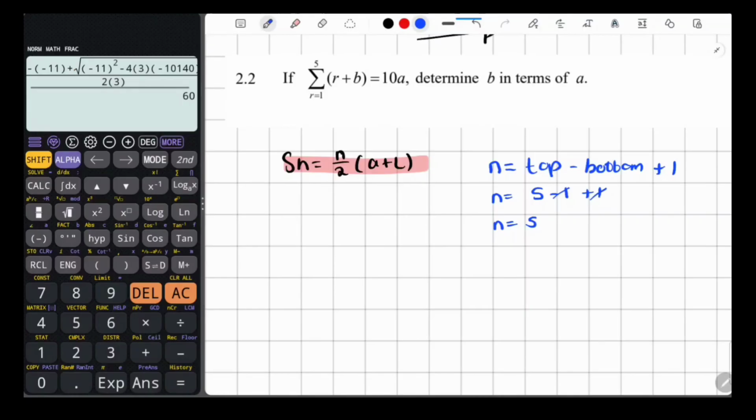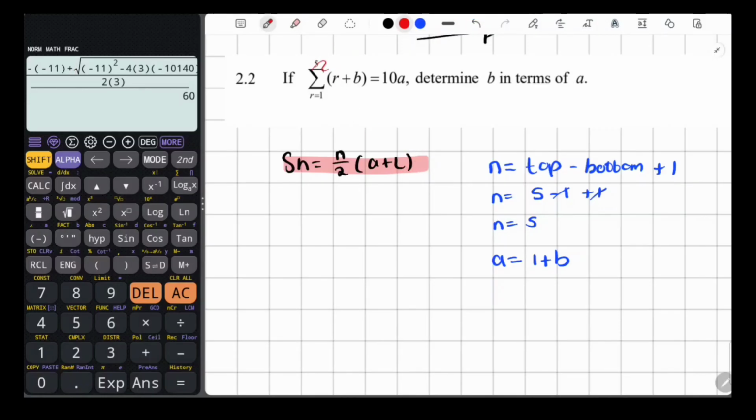Then we have a, so we have to find a. To find the first term, just substitute r equal to 1. That will give you the first term. So a would be equal to r plus b, but in place of r, we're going to put 1. So 1 plus b is our first term. So this is our a. And then the last thing we have to find in this formula is L. L is the last term.